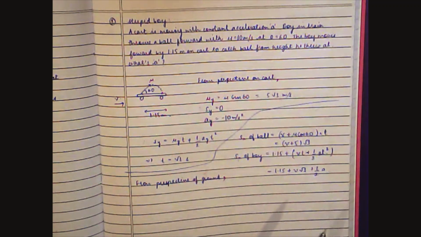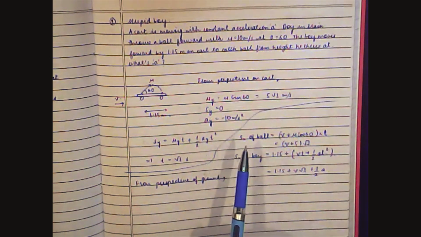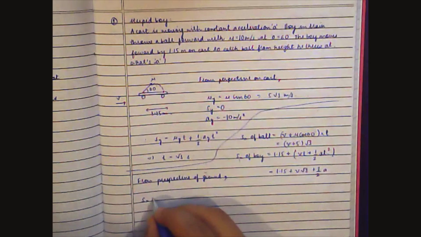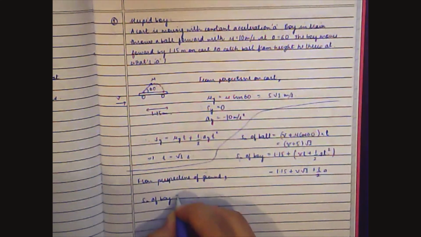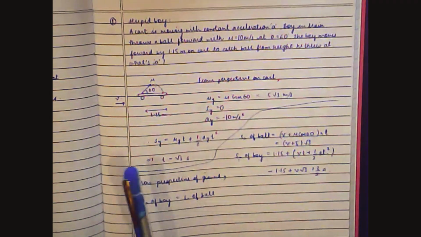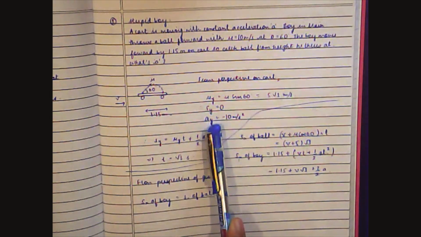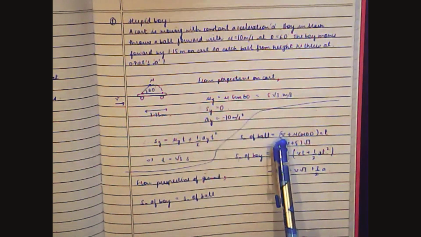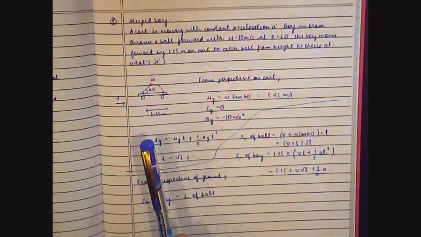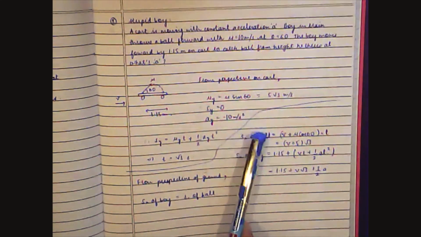Now since the boy catches the ball, the displacement of boy will be equal to the displacement of ball, right? So the boy goes forward by 1.15, the cart also takes him forward by some distance, and the ball goes from this point, from where the boy threw it, to the point where he catches it, right?